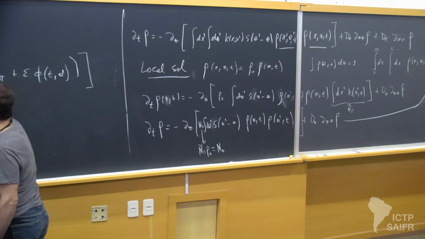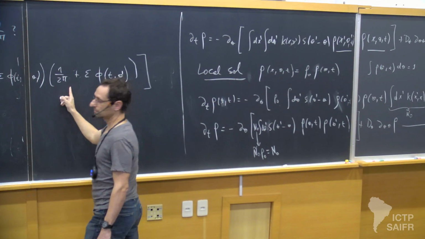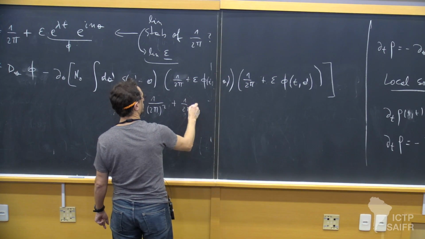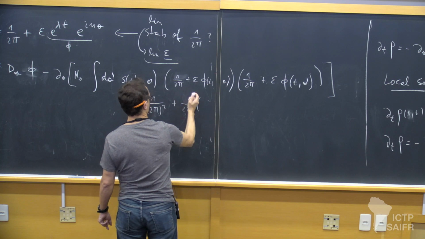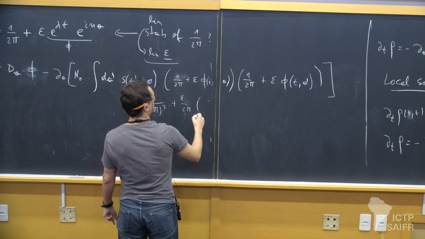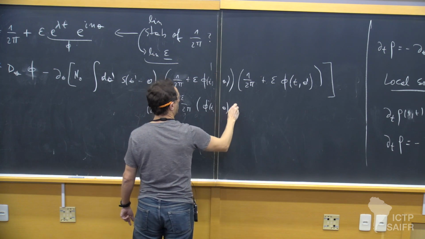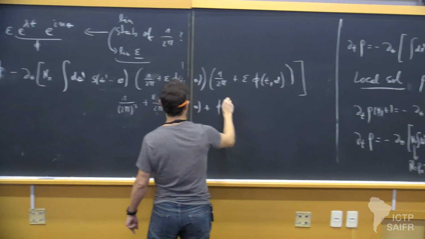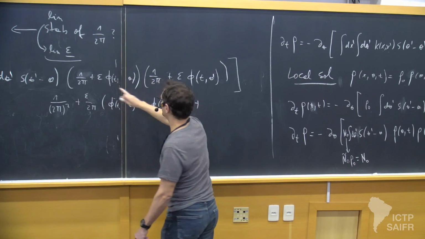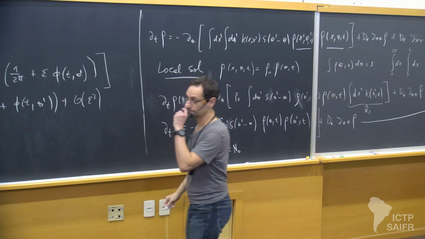But then you have 1 over 2 pi multiplied by this and this, plus this product, but this is epsilon squared, so this one I can ignore.